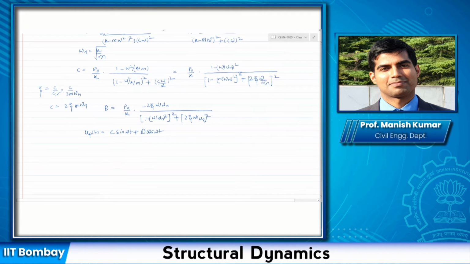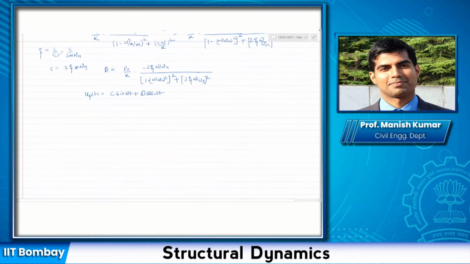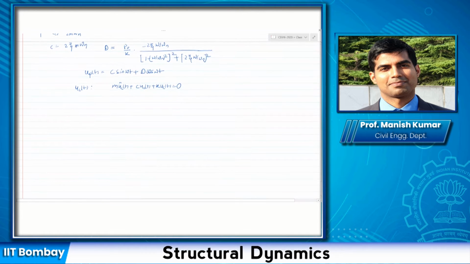The second solution is to find the complementary solution to this, right? So for the complementary solution, you set the right hand side of the differential equation equal to 0, and then find the solution to this equation. And that we already know, I don't need to derive that again. We know the solution for the homogeneous equation.